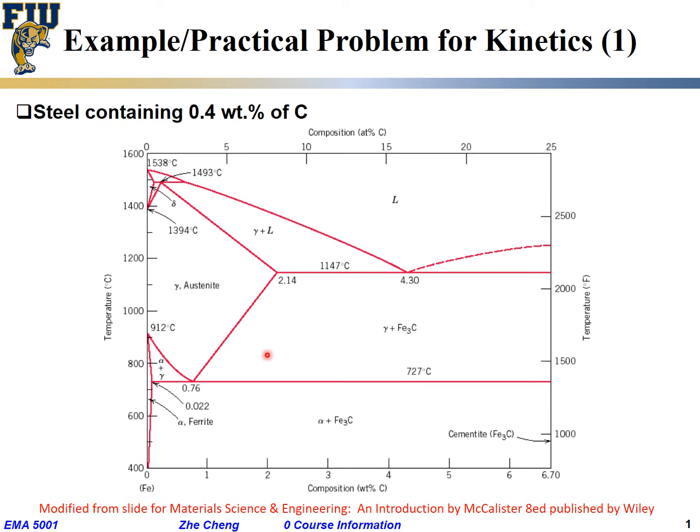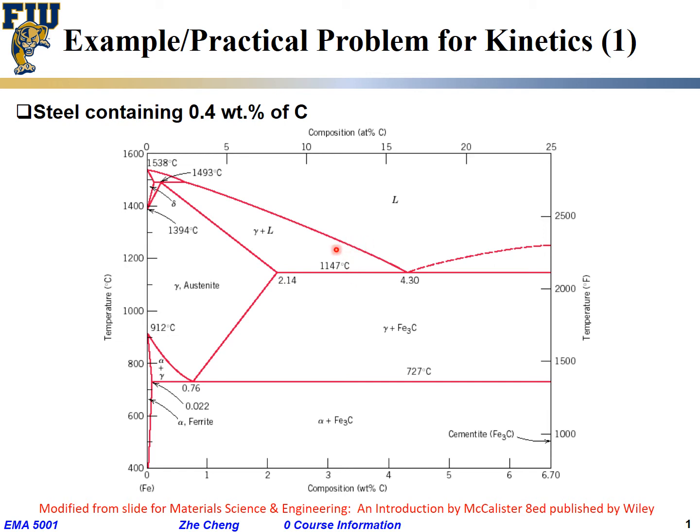The relative amount of gamma phase would be the opposite arm, from here all the way to here, divided by the total difference. So here, if this is my system, 2 weight% of carbon in iron, the gamma phase would be more than 50%, while the so-called cementite or iron 3C phase would be less than 50%.